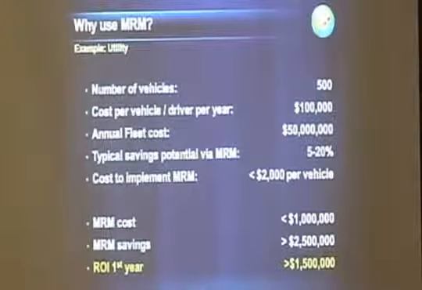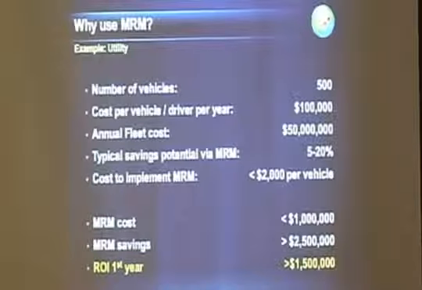So you can see that there are very many large organizations. I think there are about 100 fleets over 2,000 vehicles in the U.S., and then there are thousands of fleets over 100 vehicles.